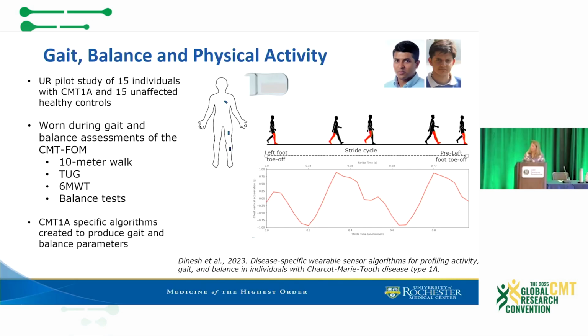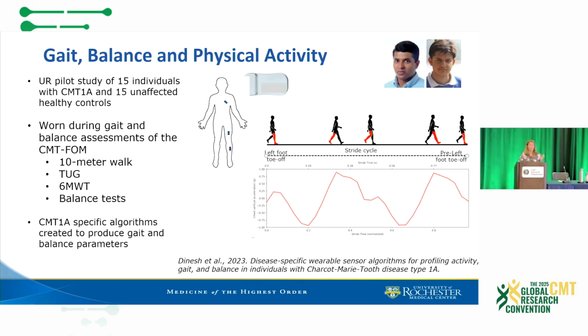Initially we did complete a pilot project with 15 individuals with CMT1A and then 15 age-matched, sex-matched controls that wore sensors during the gait and balance assessments of the CMT FOM. So we had them wear them during the 10-meter walk run, the timed up and go, the 6-minute walk test, and different balance tests.